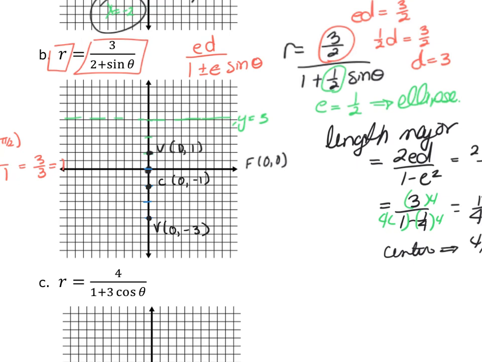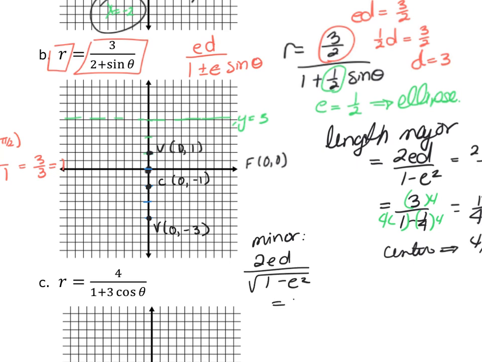Now I do have to figure out how far over in each direction I'm going to go on my minor axis. The way I'm going to do that is I'm going to go back to my theorem 11.2, and with an ellipse, the minor axis length is going to be equal to 2ED divided by the square root of 1 minus E squared.